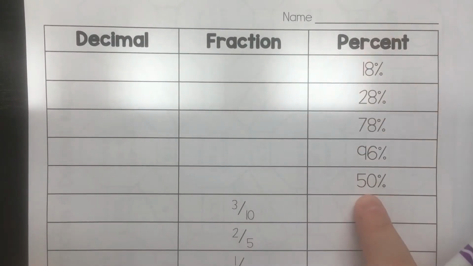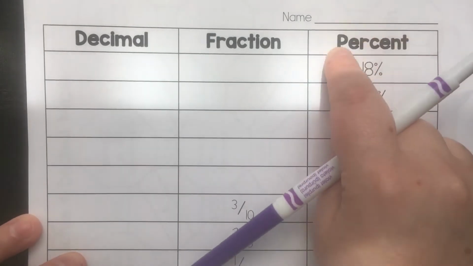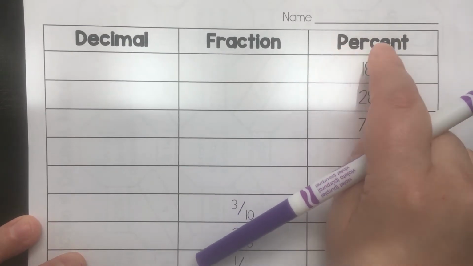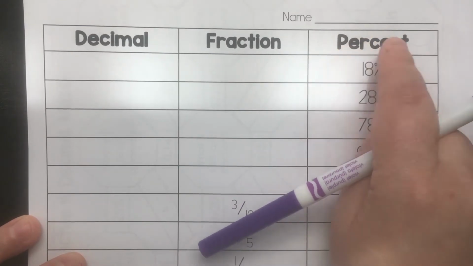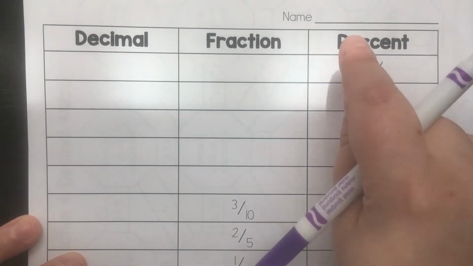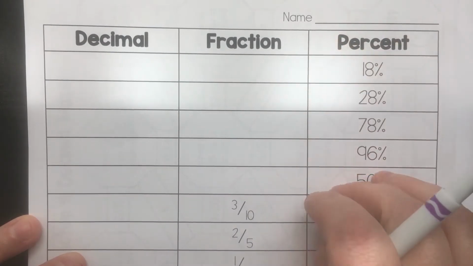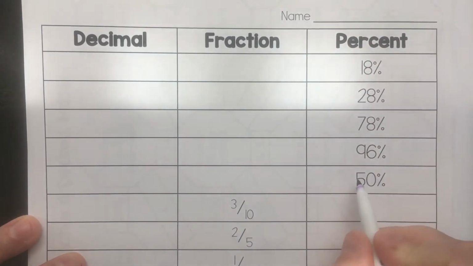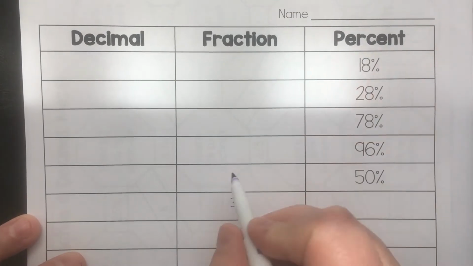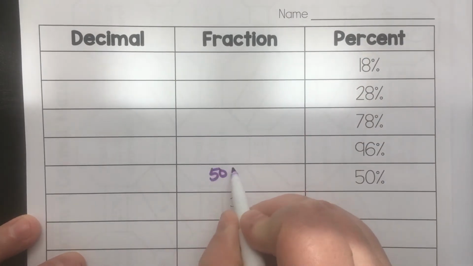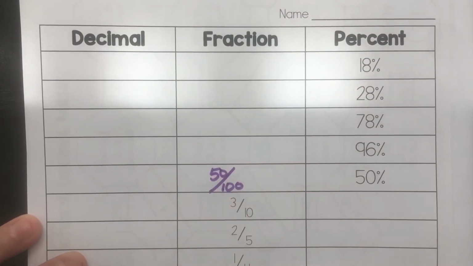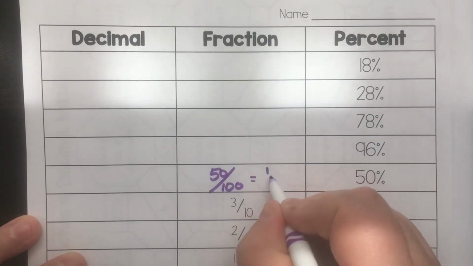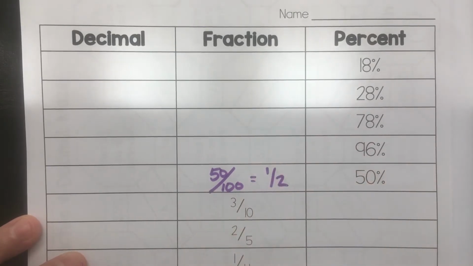The percent, 50%. 50% as a fraction is, remember, percent means out of 100. Percent actually means out of 100. Okay? So 50%, 50 out of 100, which is reduced to 1/2.